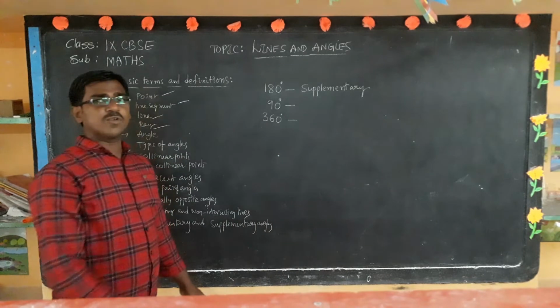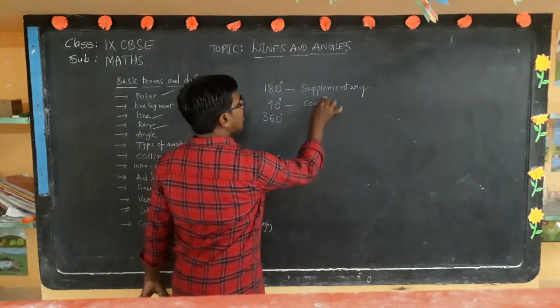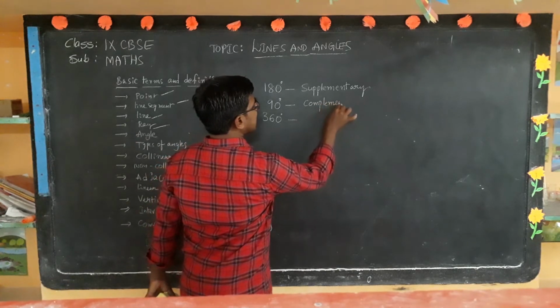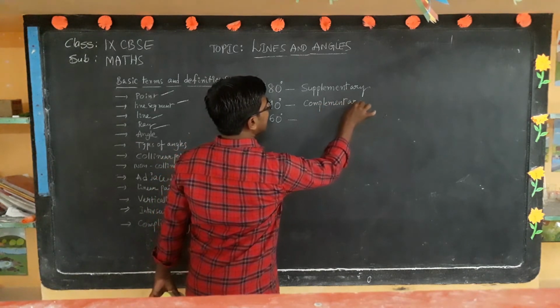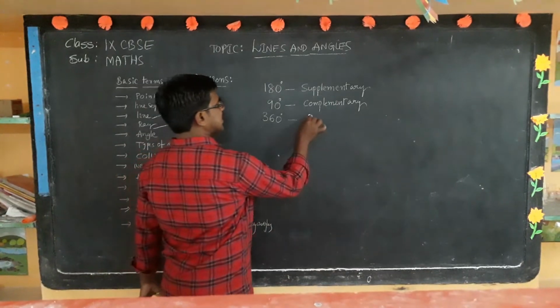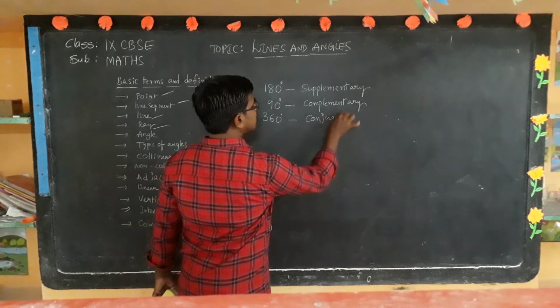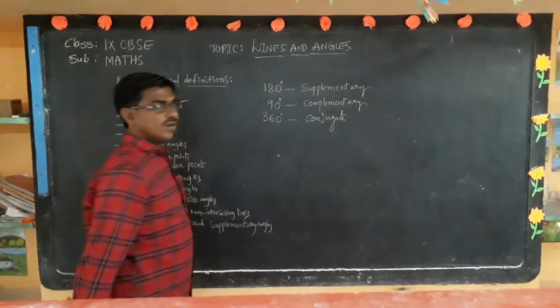If the sum of two angles is 90 degrees, we call them complementary angles. If the sum of two angles is 360 degrees, we call them conjugate angles.